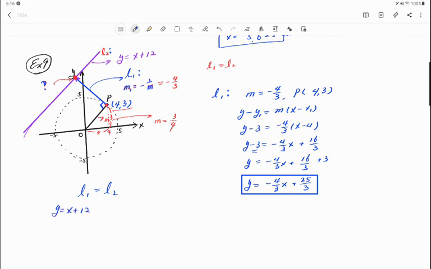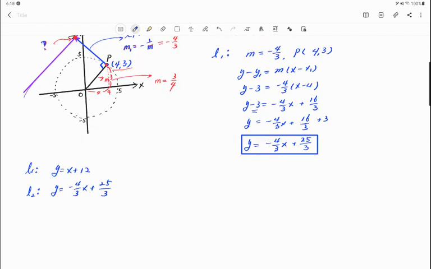Let me rewrite it. This is one line, and the other is the one we just found. We're going to let these two equations be the same, so x plus 12 is equal to negative 4/3 x plus 25 over 3. From this, let's find x.